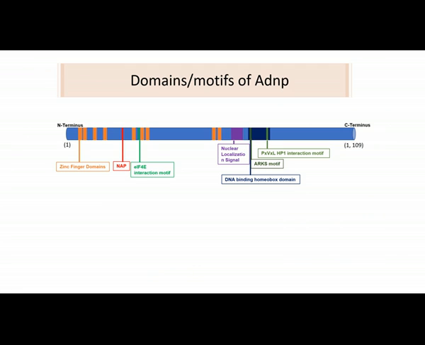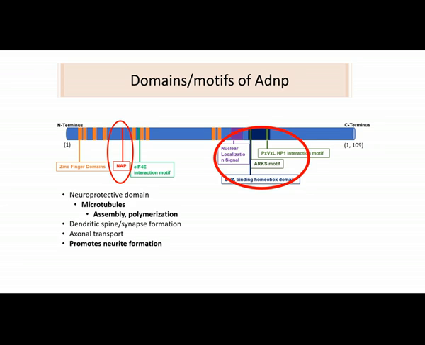This illustration shows the structure of ADNP protein. There are two main functional domains, which are N-terminal and C-terminal domains. In the N-terminal domain, there is the NAP domain, which binds to microtubule plus end binding proteins EB1 and EB3 and regulates microtubule polymerization and assembly.